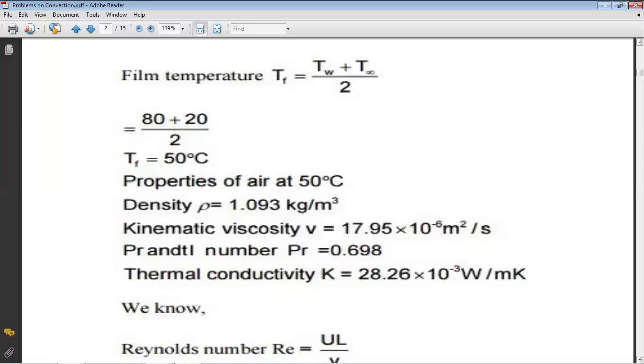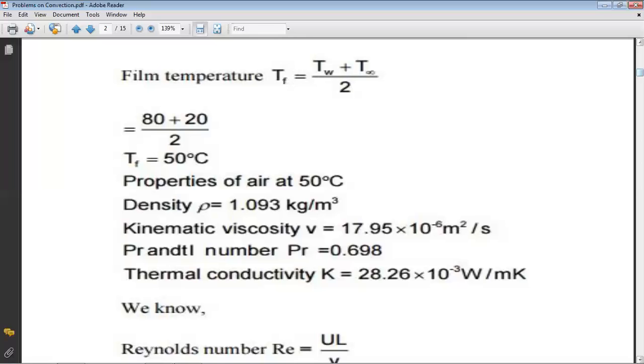Next, we need to know whether it is laminar flow or turbulent flow. Once we conclude that it is laminar flow, we should use the equations corresponding to laminar flow. Else, we need to use the equations corresponding to turbulent flow.